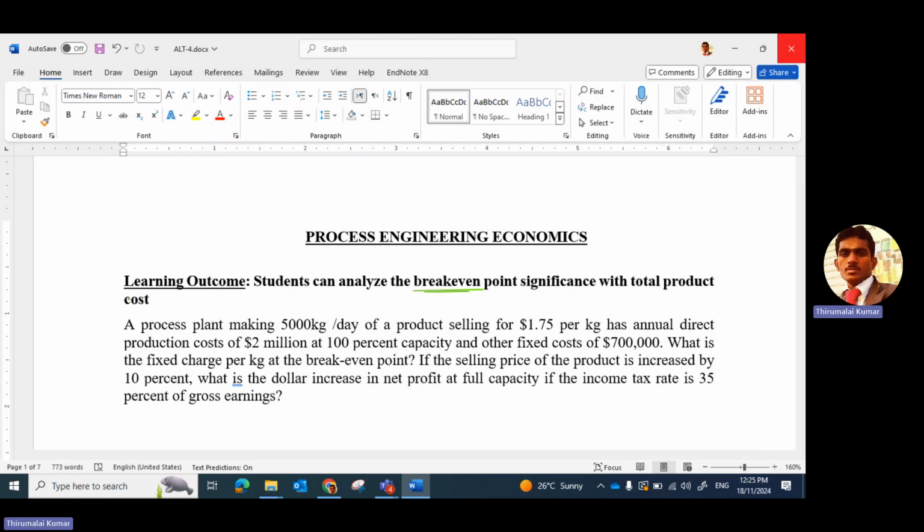In a business, we want to know the status of the business, whether the particular business is moving positively or negatively. The status is given based on the break-even point.